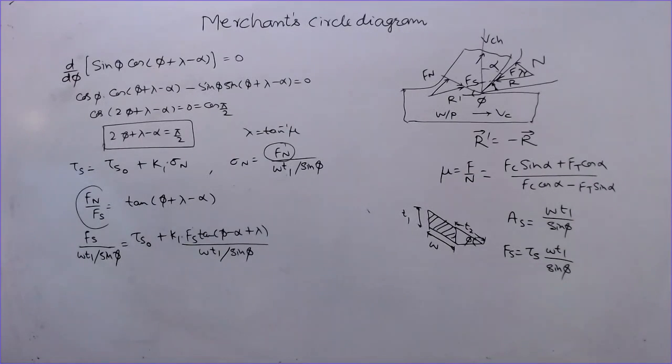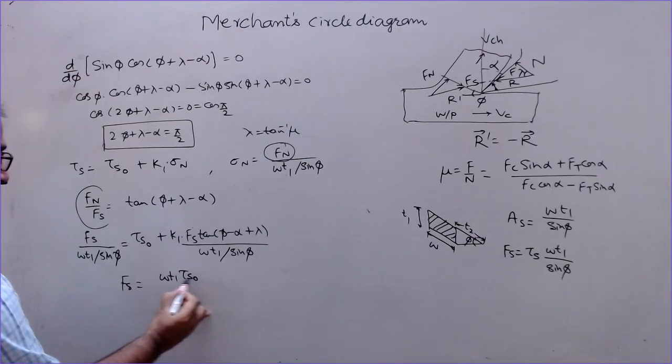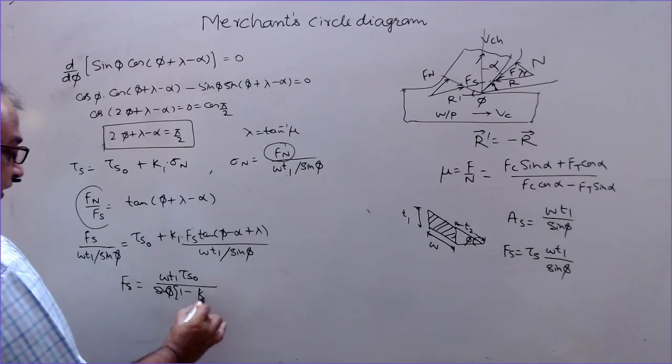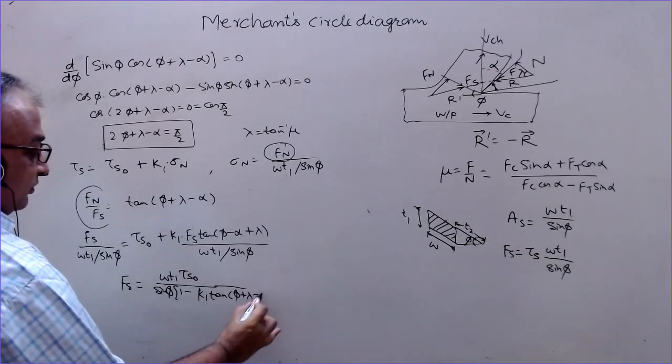So this gives you Fs is equal to Wt1 tau s0 upon sin phi into 1 minus K1 tan of phi plus lambda minus alpha.